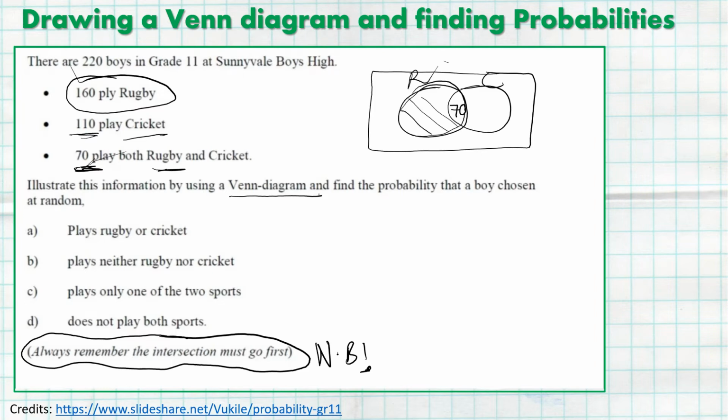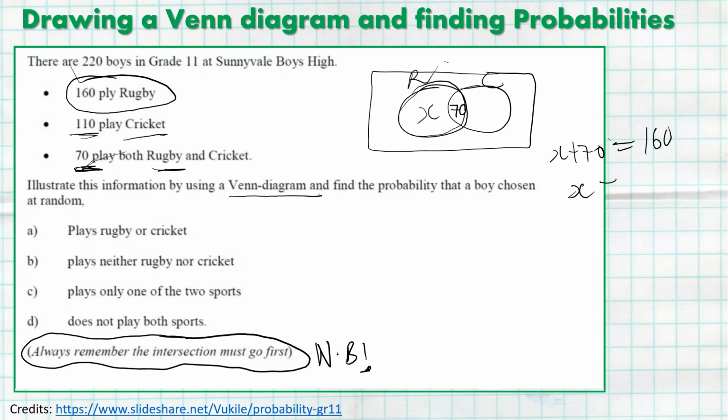It means that the whole oval or circle for rugby equals 160. So I can let rugby only be x. Then I know that for rugby it's x plus 70, and the whole circle equals 160.